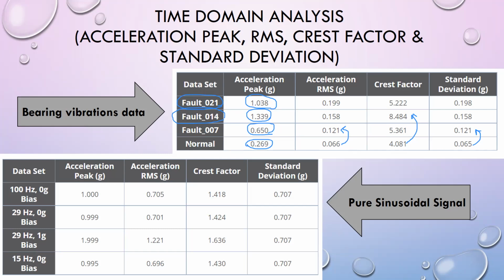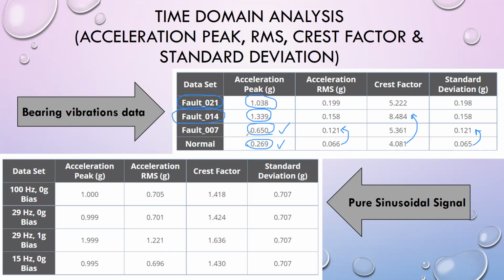For example, if you deal with bearings, you will have some diagrams and some tables like this, and when you record that your acceleration peak was, for example, 0.269 on January 1st, you record this data, but after 2 months, for example in March, you again record this data and this acceleration peak for your system.